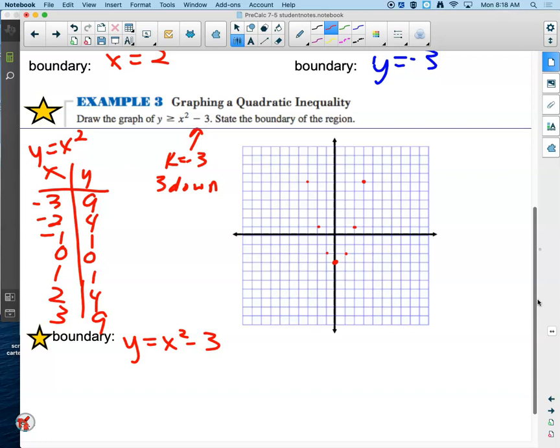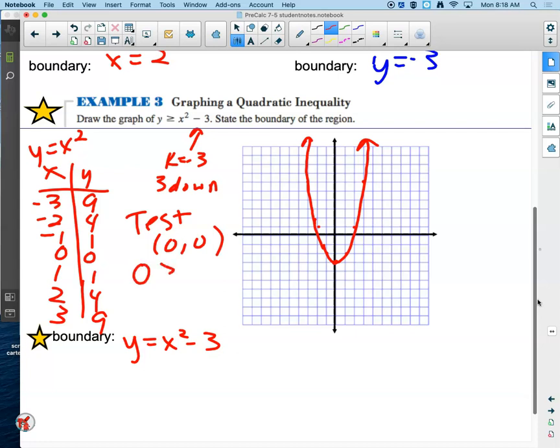Dashed or solid for our little parabola? It does have an equals bar. And again, as long as my parabola is not going through 0, 0, it's a good idea to use 0, 0, a nice little set of numbers, especially when they're multiplying, and test it and see if it works.